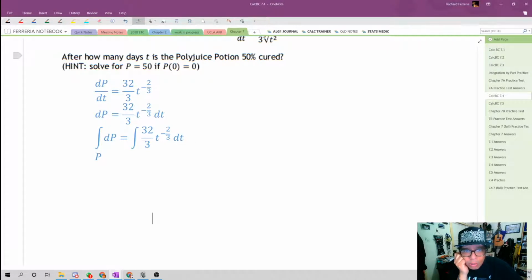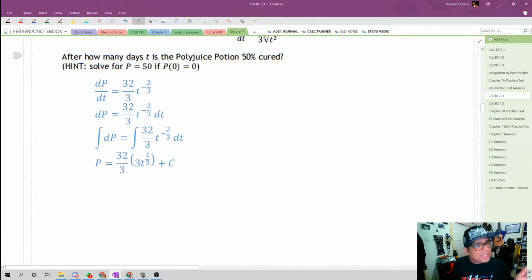The reciprocal of 1/3 is 3. So I have to multiply both sides by 3. Not both sides, just the t. So we've got 32/3 times 3t to the 1/3 plus constant. That gives me 32 cube root of t plus constant.